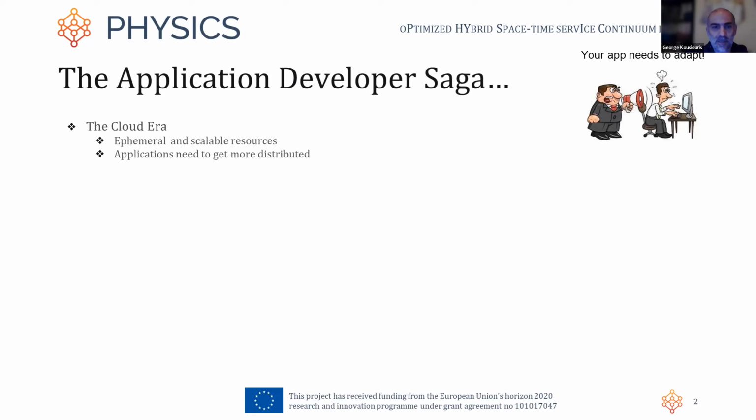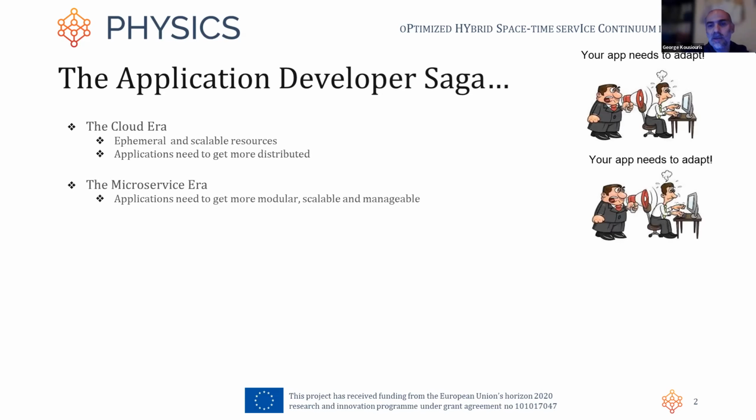They had to change their applications from the monolithic desktop ones or very centralized ones. Then we went to the microservice era, where they needed to break down the components into more modular, scalable, manageable approaches. Again, they needed adaptation processes.